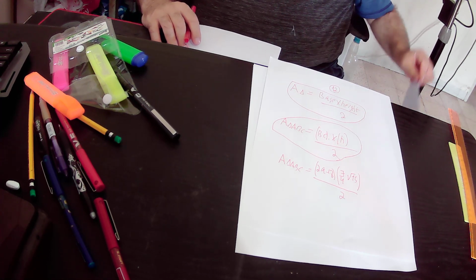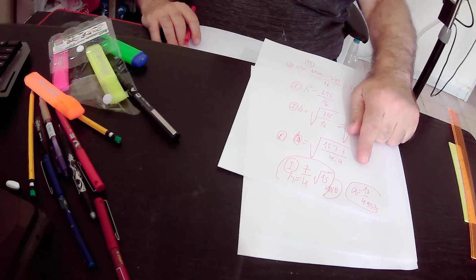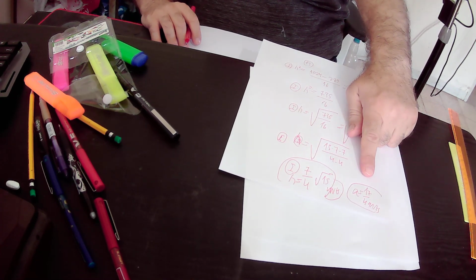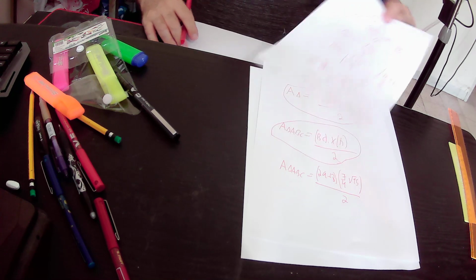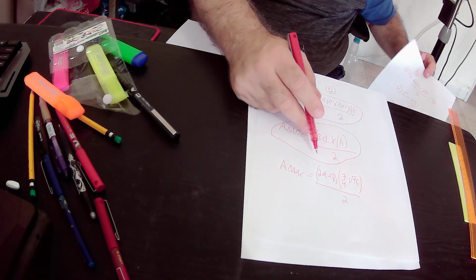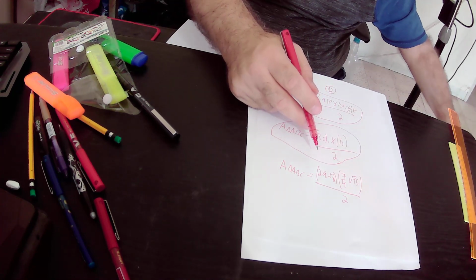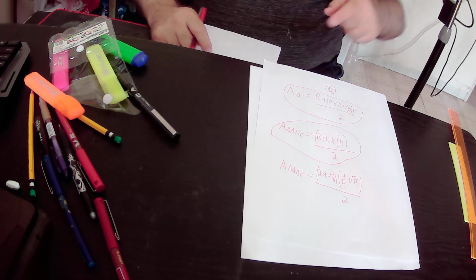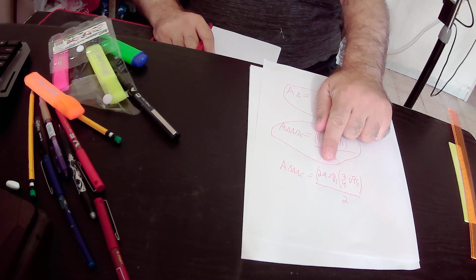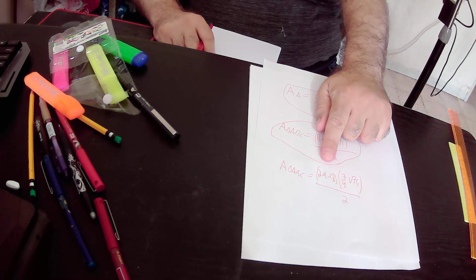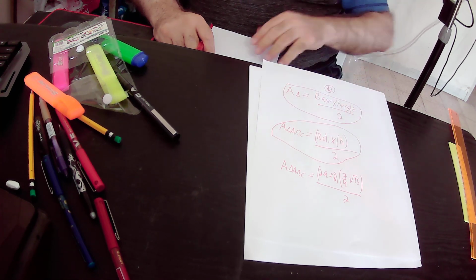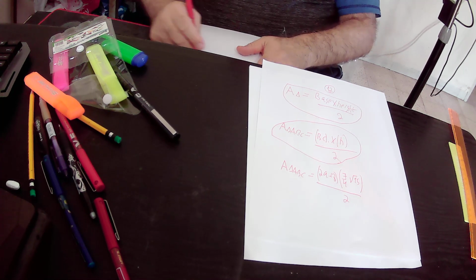What is the value of a? a equals 17 over 4 units, so we can substitute a in this equality by 17 over 4 units. So 17 over 4 units times 2 will be equal to 17 over 2. So I write it down.